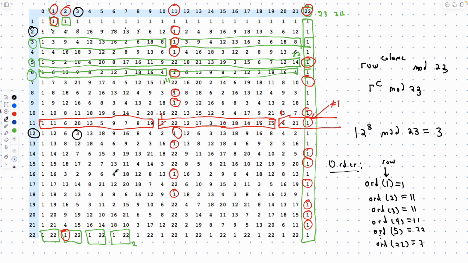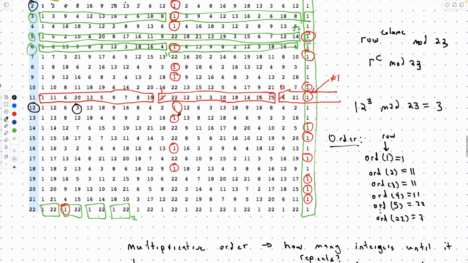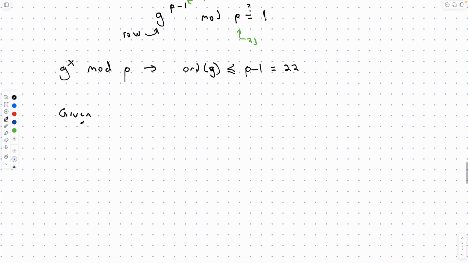So those are the 2 settings that we tend to use. But this is definitely the easier of the 2 to see. Okay, so given a prime P, the order of G mod P will divide P minus 1.